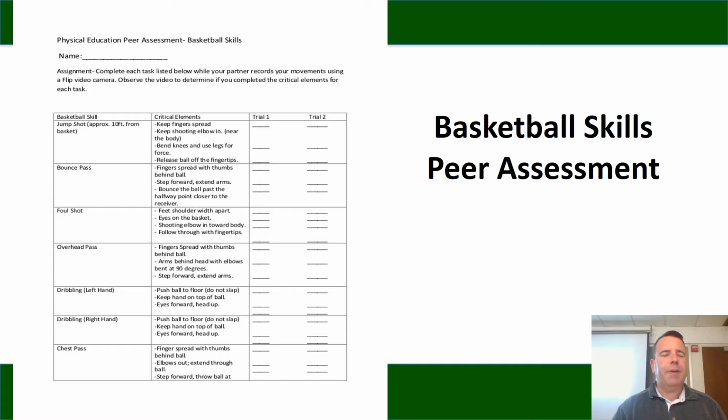So here's an example of a peer assessment. You can't really see it. It's a little bit better up there than on my screen, but this is an example of a peer assessment. I may give you a basketball and this paper. I used to use this one with my students. Back then we had flip video cameras.